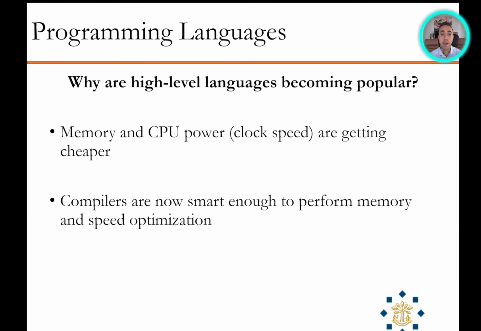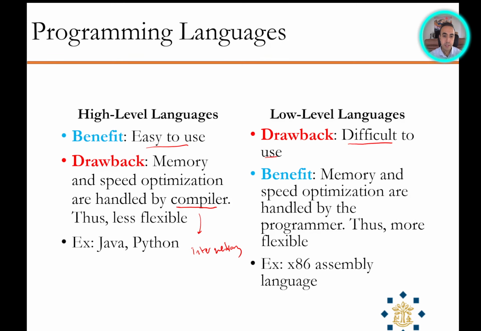But why are high-level languages becoming popular? Because this memory and speed optimization handled by the compiler is no longer an issue. Like 20 or 30 years ago, this was a major drawback.